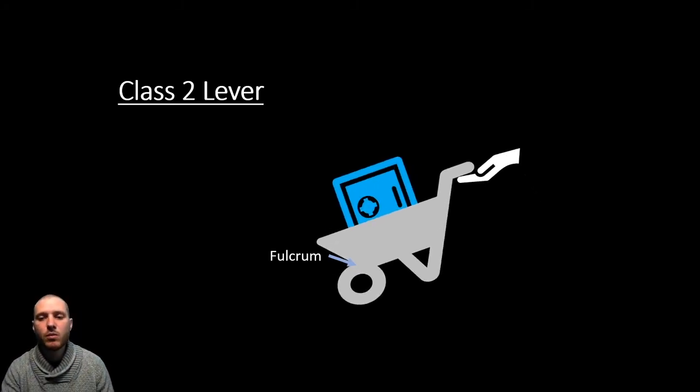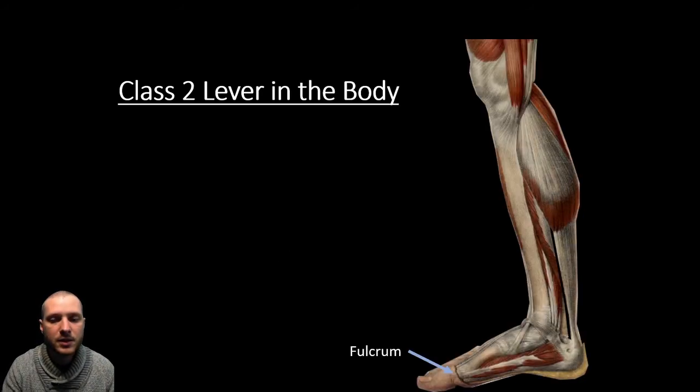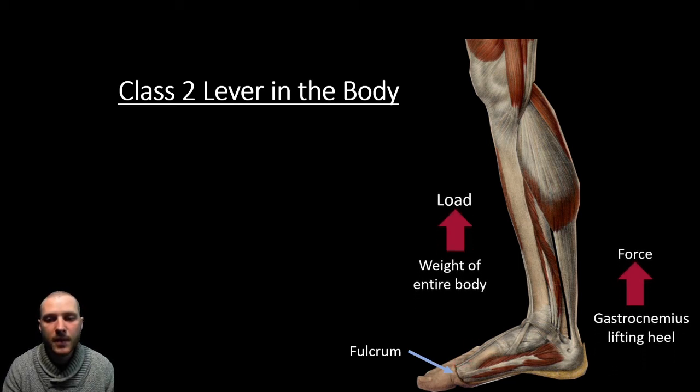So there's only going to be basically one of these levers in the body that I'm aware of, and that's going to be of the ankle joint. So here at our distal metatarsals, we're going to have our fulcrum. And then as our posterior calf muscles like gastrocnemius and soleus contract, they're going to pull up on the heel to lift it up. So our force is going to be generated by these posterior calf muscles to pull up the weight of the body.